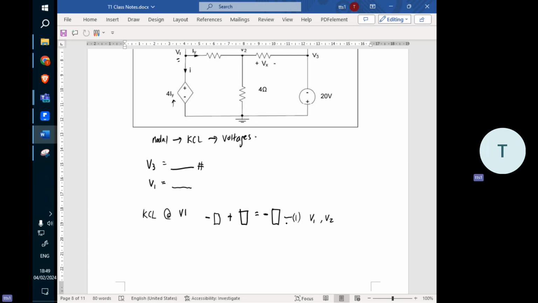Of course, we need to have another equation. Okay, let's do another. Wait a minute, let me see.